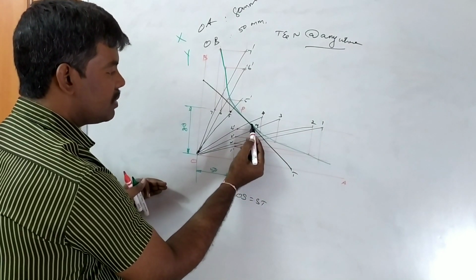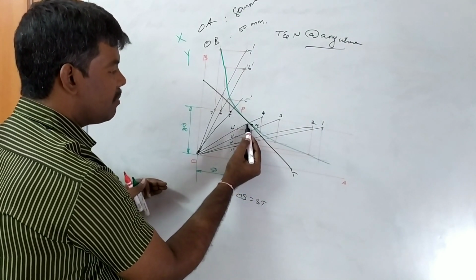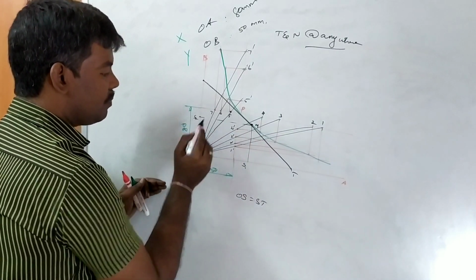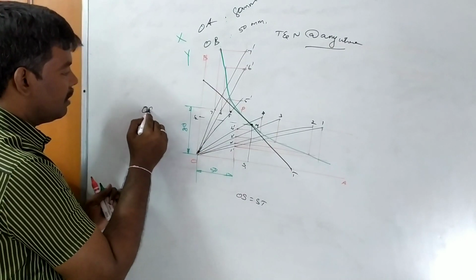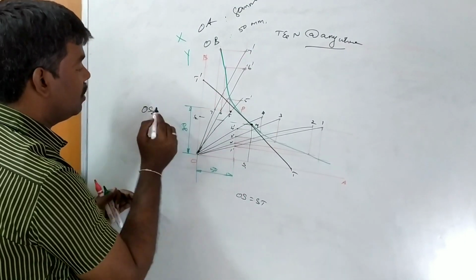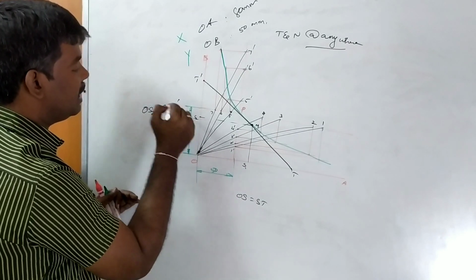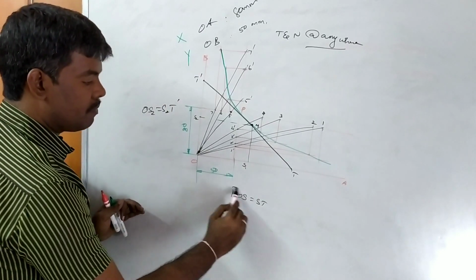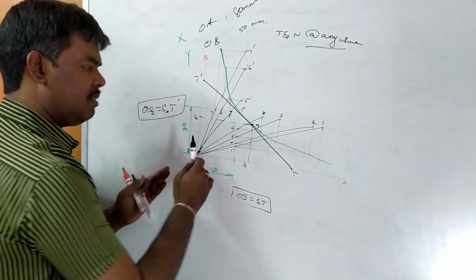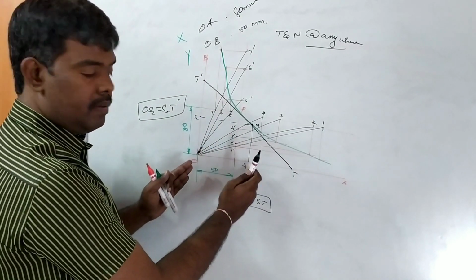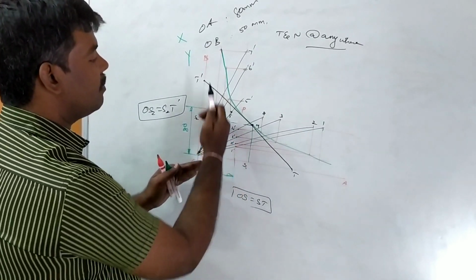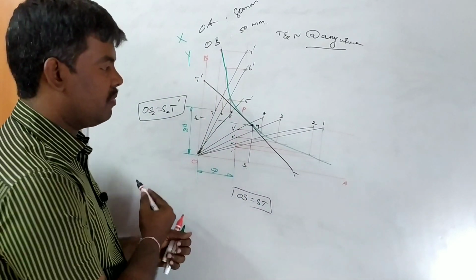As a cross check, from M you draw one horizontal line. Let us consider the points S1 and S2. The distance O to S2 is 100% equal to S2 to T dash. Either way, you can start with a line parallel to the OB asymptote or the OA asymptote, wherever.